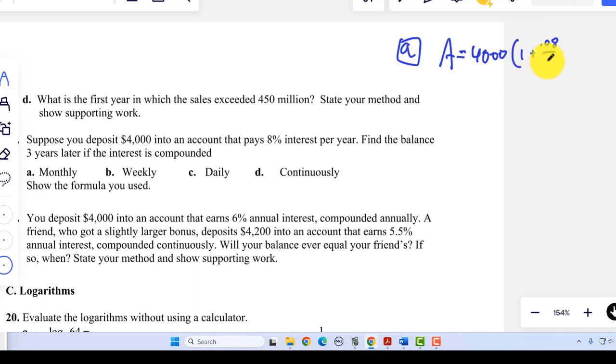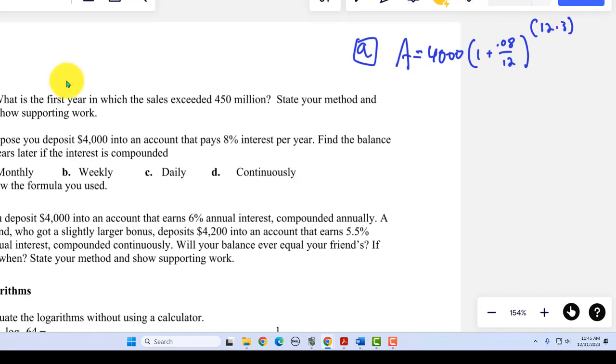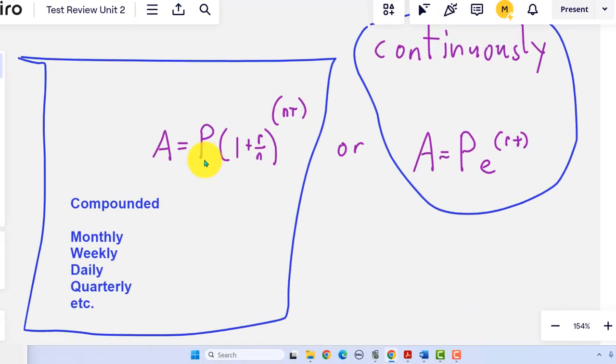Since we compound monthly, n is equal to 12. And that's raised to the 12 times 3 years. Again, that's coming from this formula here.